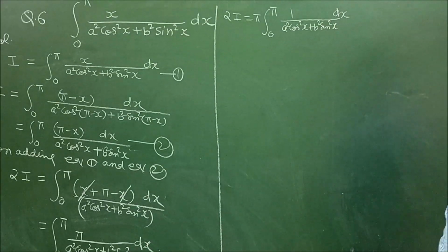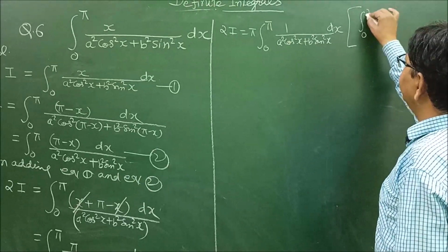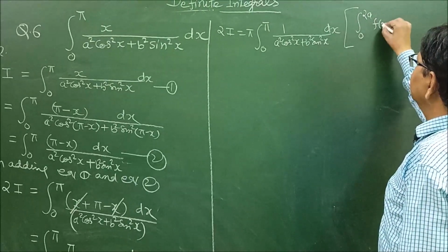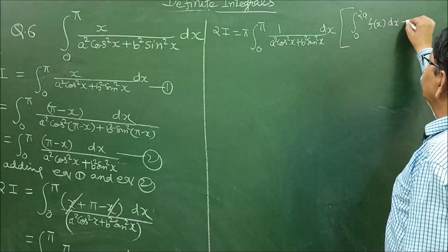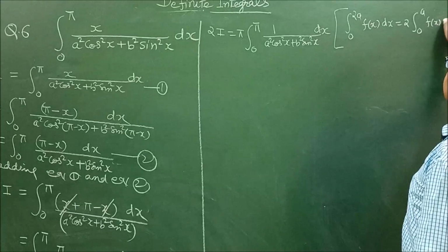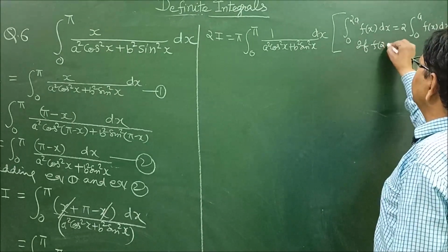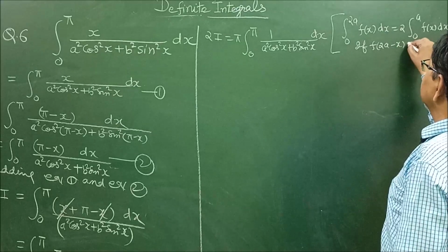Now here we can apply one more property. We know that the integral from 0 to 2a of f(x) dx is equal to twice the integral from 0 to a of f(x) dx if f(2a minus x) is equal to f(x).